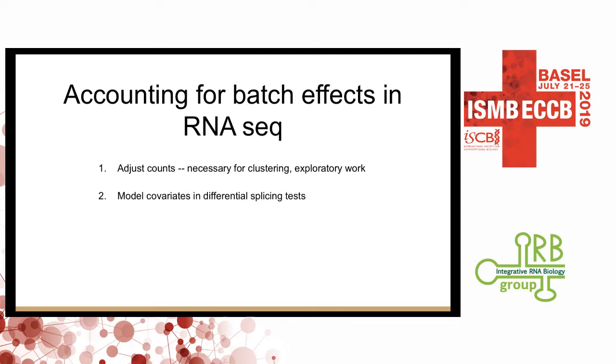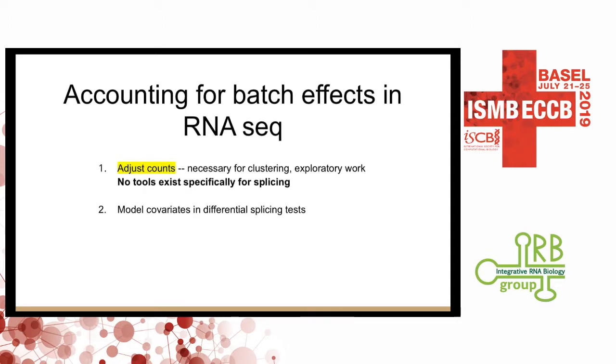And then we could use these for exploratory analyses. Another strategy would apply to differential splicing tests, statistical analyses for differential splicing between two cell types, two conditions, for example. And in that case, we could actually model covariates in the test and attribute some of the variation in the splicing data to the confounding factors.